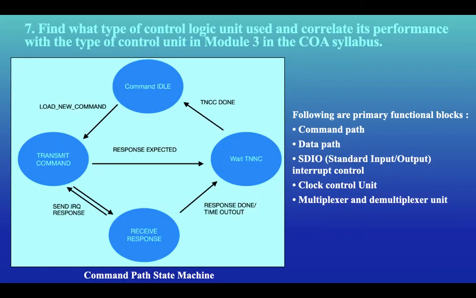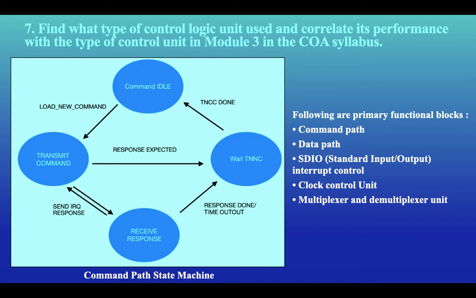Find what type of control logic unit is used and correlate its performance with the type of control unit in Module 3 in the COA syllabus. The command path in the flowchart configures clock parameters, configures card command parameters, sends commands to card bus, receives responses from card bus, sends responses to BIU, and drives the P bit on the command line.